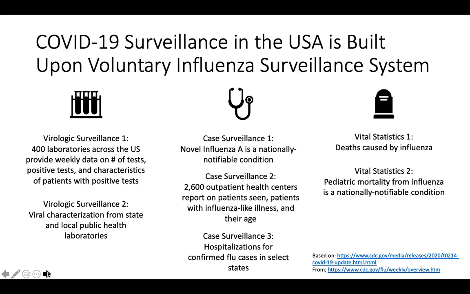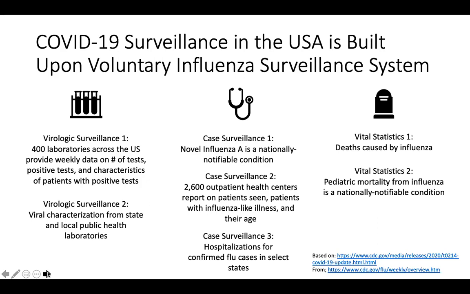Then we have, it seems to me, 3 different types of case surveillance. Novel influenza A is a nationally notifiable condition, one of that group of 120 that we already discussed. A lot of the time a physician or a healthcare facility will say that someone likely had the flu, but they won't actually do a laboratory test for flu.